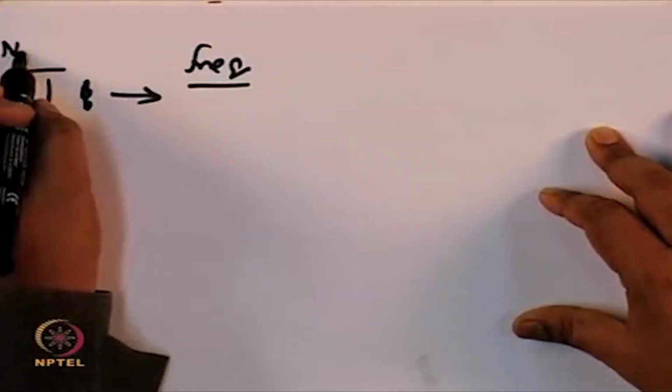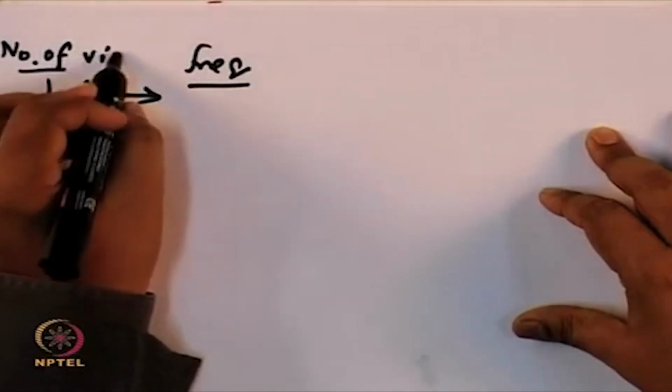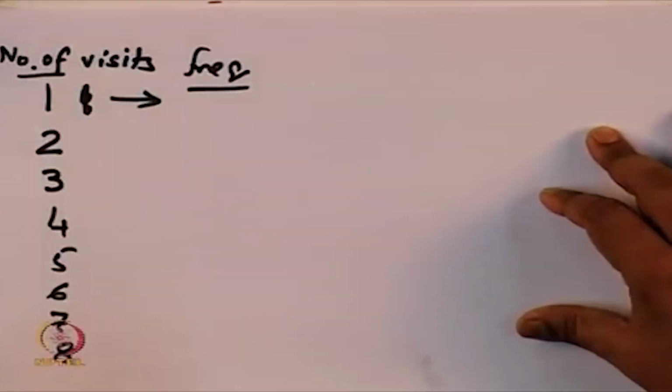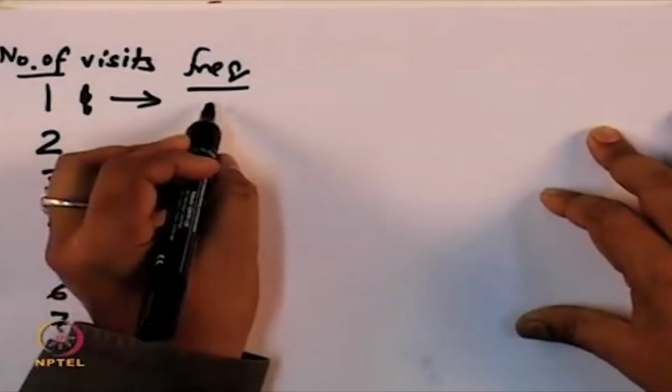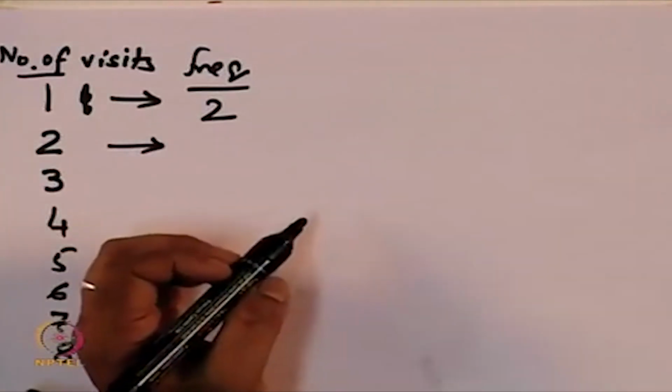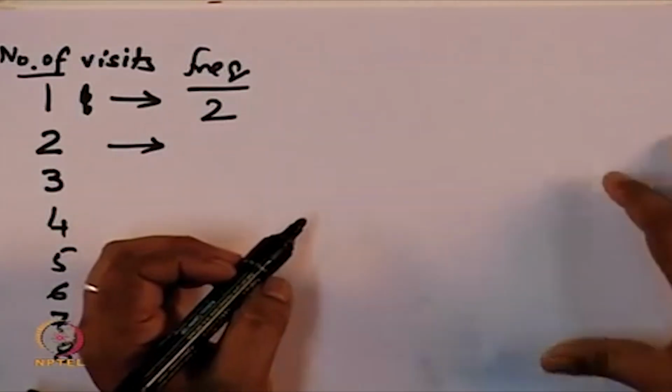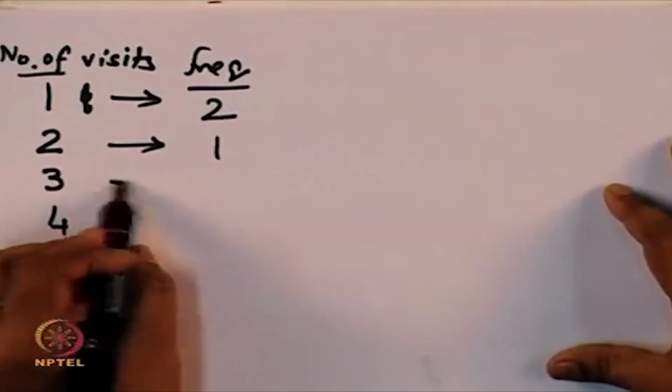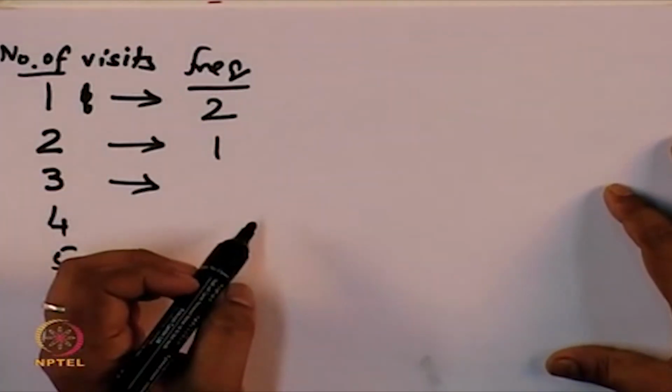We have the number of visits and the frequency axis. So, for number 1 the frequency is 2, the number 2, so the frequency of 2 is only 1, right. Frequency of 3 is 3.